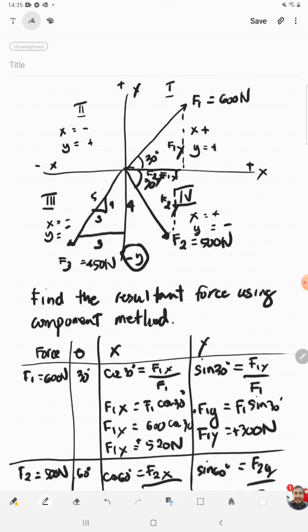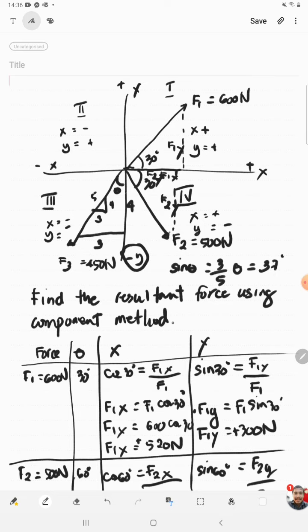Finding this angle theta, sine theta is 3 divided by 5, and therefore theta is shift sine of 3 over 5, which gives 36.86 or approximately 37 degrees.